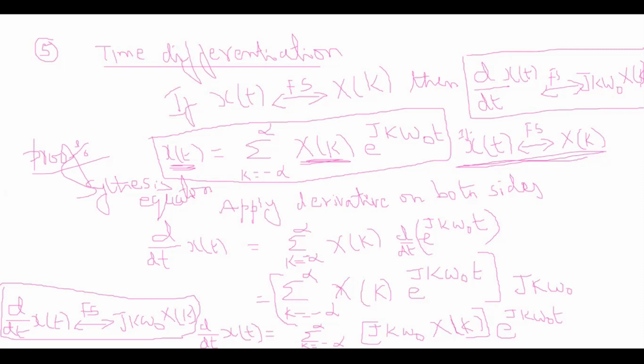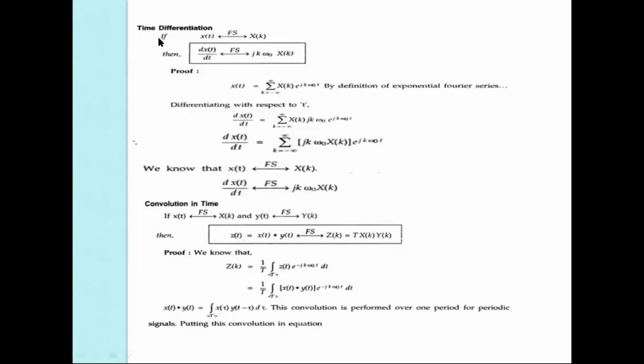Following my question, now coming to this, what are they saying? By the synthesis equation, or by the definition of the exponential Fourier series, apply the derivative on both sides: d by dt of x of t is the sum of k equal to minus infinity to infinity x of k, and after applying the derivative directly, j k omega naught e power j k omega naught t.